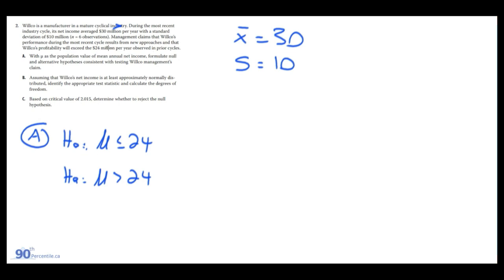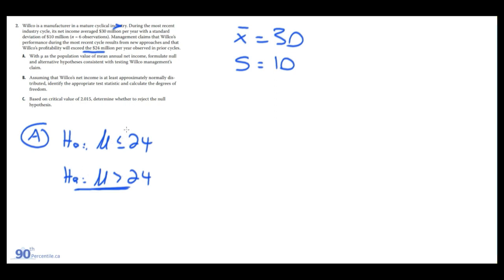So you have to align what the management is saying with the alternative, because once again, hypothesis tests are worried about rejecting or not rejecting the null. That's like the official interpretation of what you're doing. So even though we're concerned with exceeding 24 mil, we don't actually accept the alternative hypothesis.